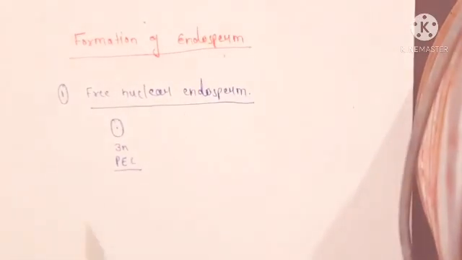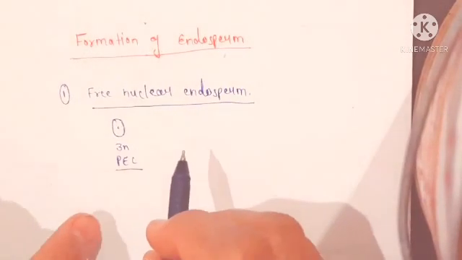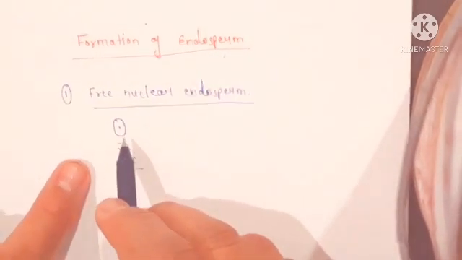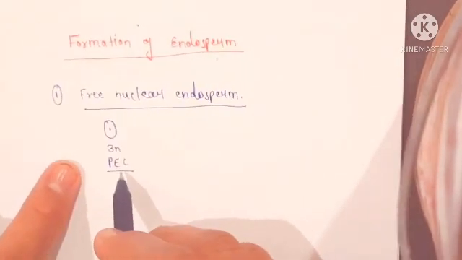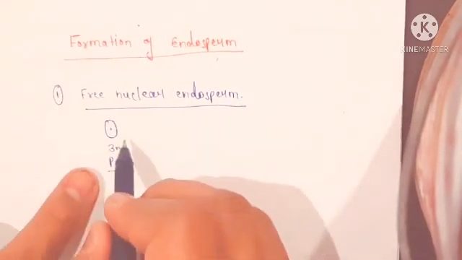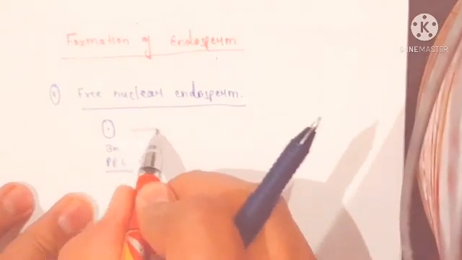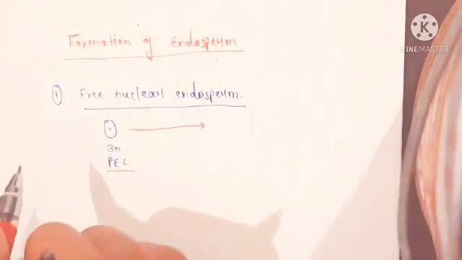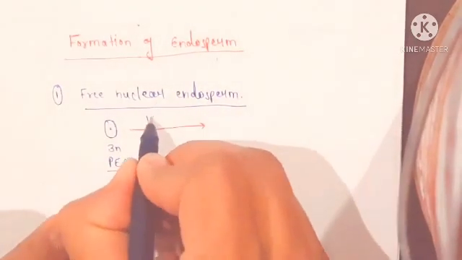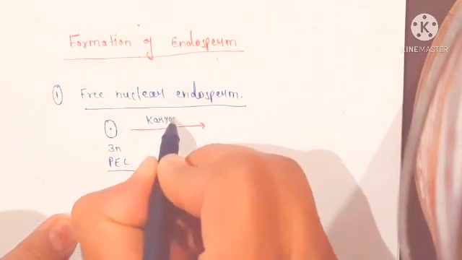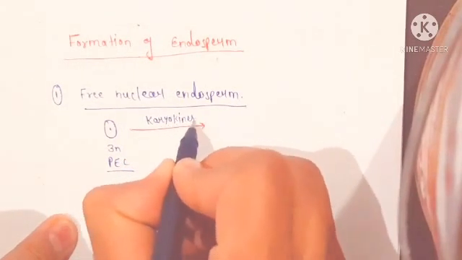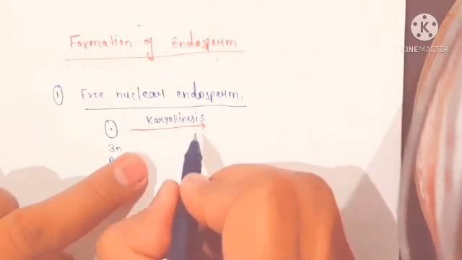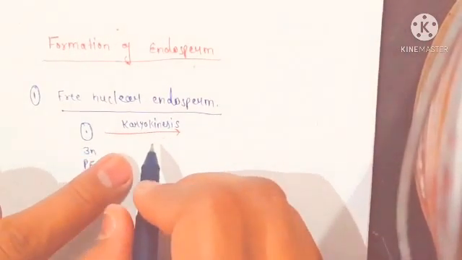So here in free nuclear endosperm, the first step, PEC, primary endosperm cell, is triploid in nature. What will happen here? Karyokinesis takes place. Karyokinesis means division of nucleus, and there is no cytokinesis.